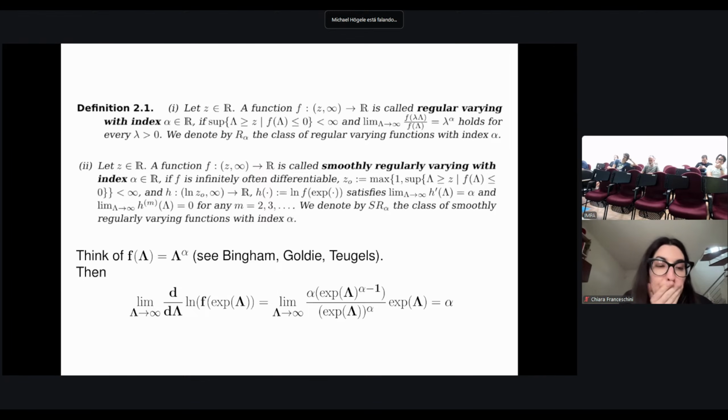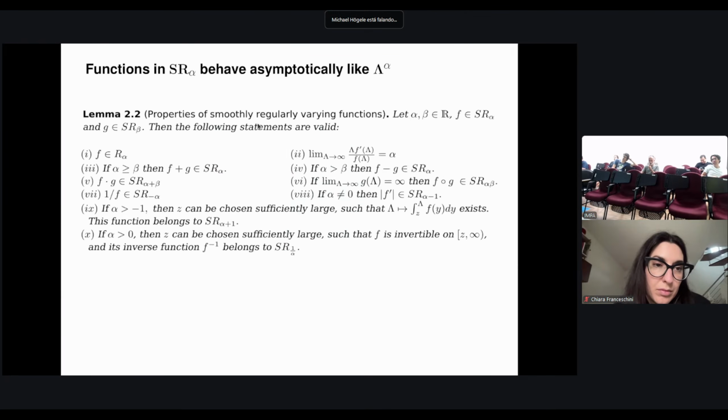You can think of those as functions which are C infinity and whose derivatives behave essentially like the derivatives of power functions. This is essentially what we want to have here. We need this at certain points. I'll show you how these smoothly regularly varying functions behave. They are also well-known objects in the literature, but nevertheless, not everybody is familiar with them.